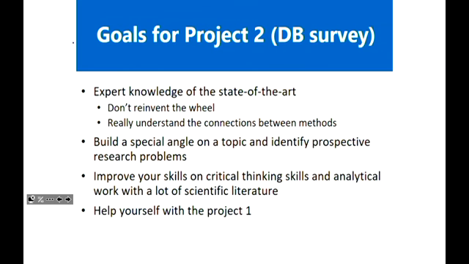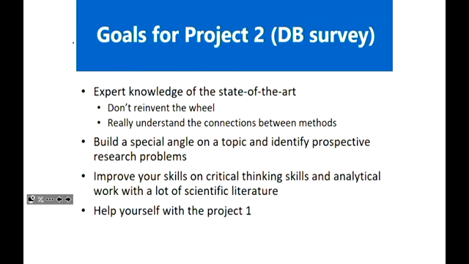So really understand the connections between the methods. For example, if you're going to invent something new, just make sure that there are some connections with the old things, or if you want to relate or compare with those things, if there is any connection between those. Build a special angle on a topic, identify perspective, research problems.